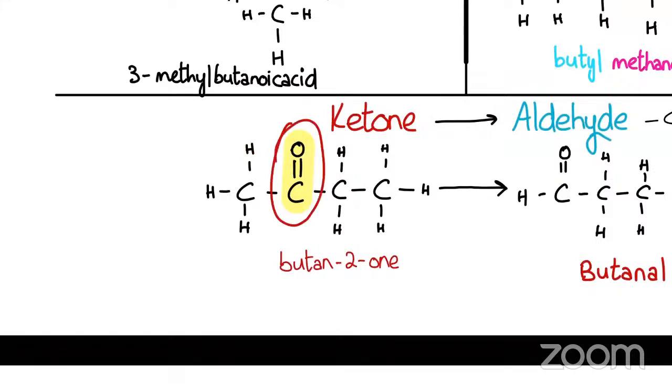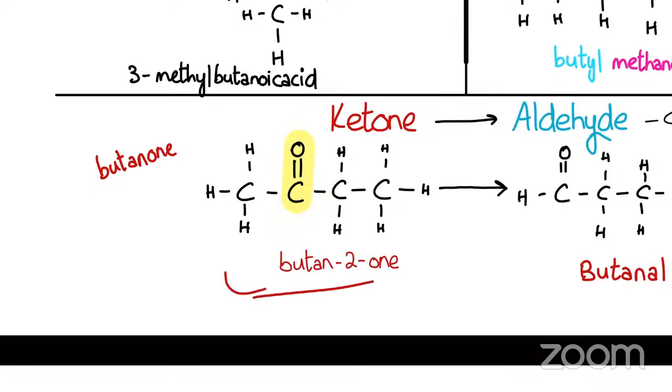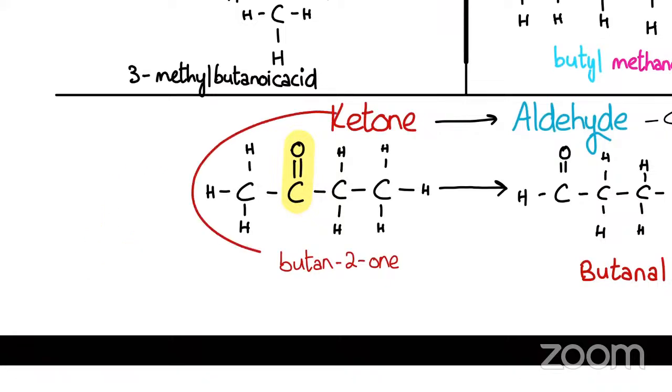So if you have butan-2-one being this, what would be butanone? You cannot have the O double bonded to the C at the first carbon, and therefore this is what we would call butanone.